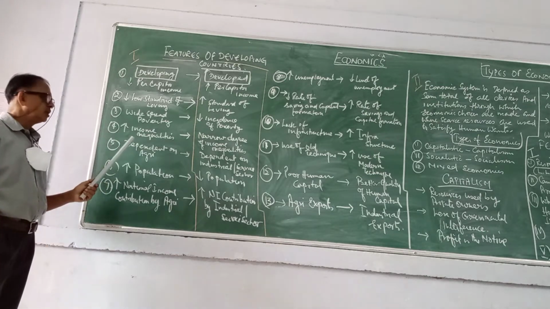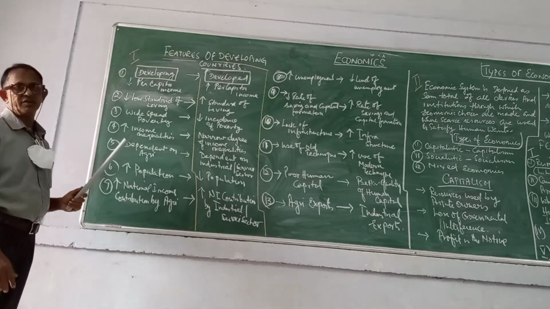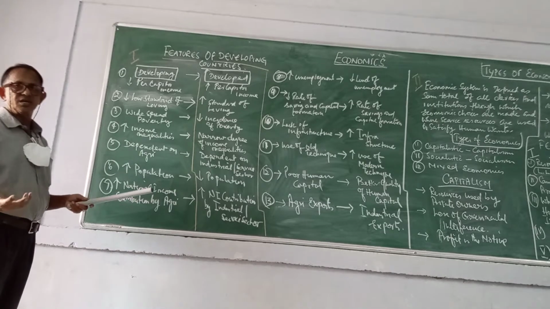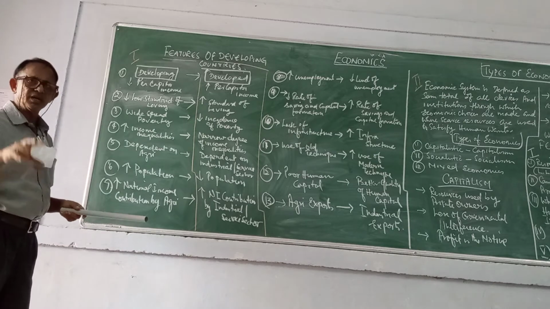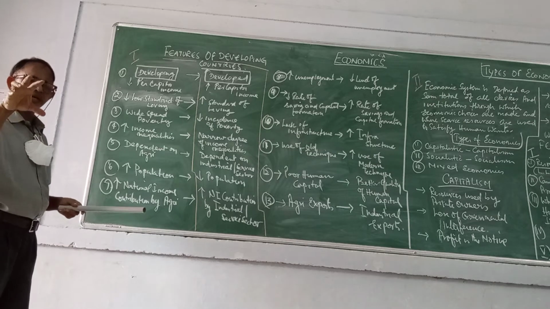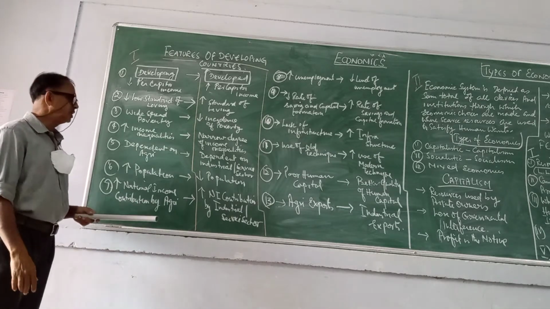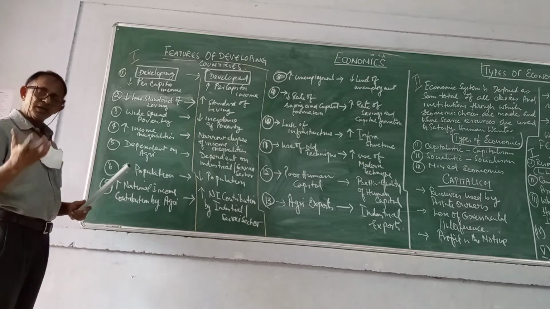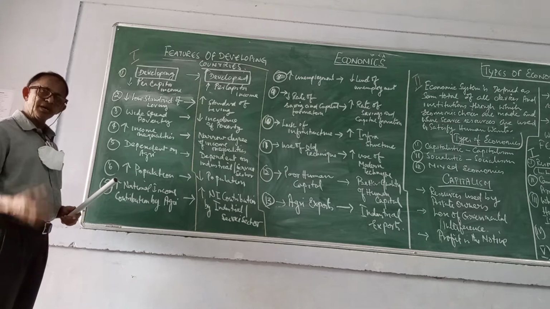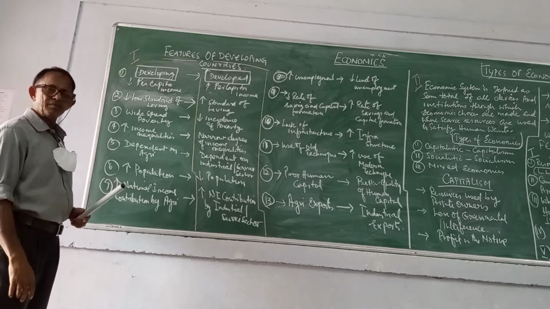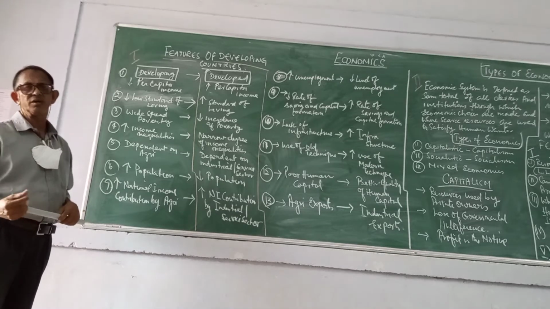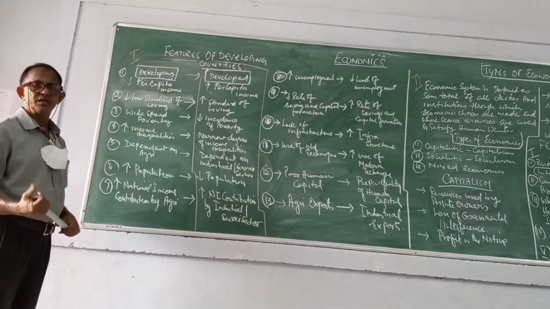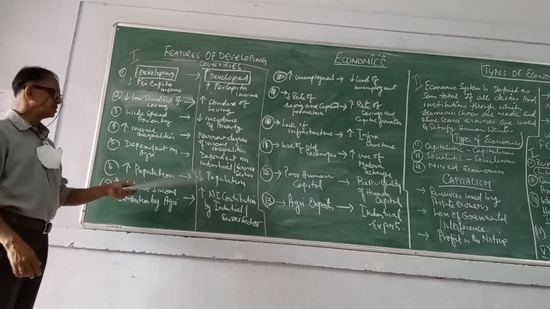Number 4, income inequality is very high in developing countries, whereas even in developed countries income inequality is there, but it is very narrow. Then developing countries primarily depend on agriculture, while developed countries depend on the industrial and service sector.